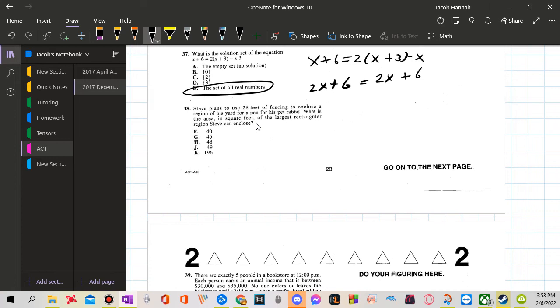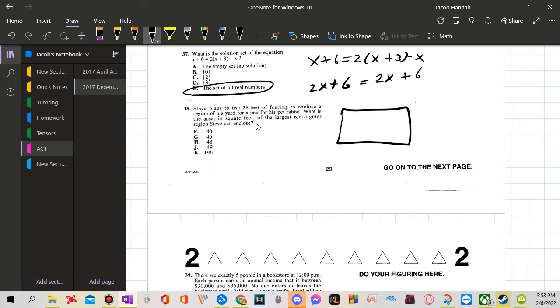Steve plans to use 28 feet of fencing to enclose a region of his yard for a pen for his rabbit. What is the area in square feet of the largest rectangular region that Steve can enclose? Alrighty.